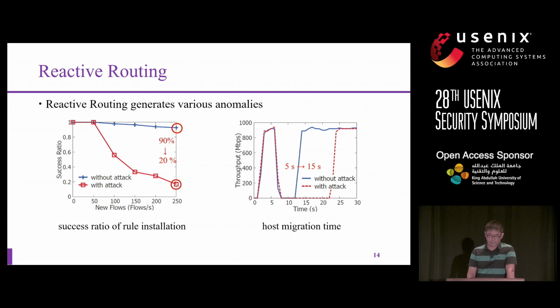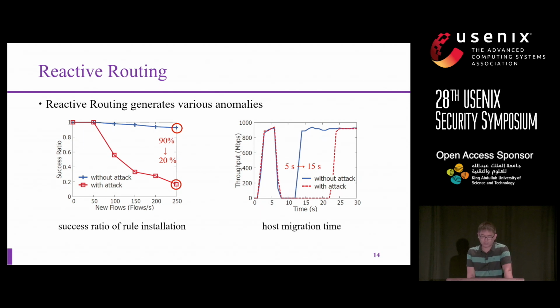Now let's see the attack impacts on reactive routing. The left figure shows the success ratio of rule installation. We can see that without the attack, the success ratio always maintains more than 90%, regardless of the arrival rate of the new flows. However, with our attack, when the arrival rate of new flows is high, the success ratio significantly decreases.